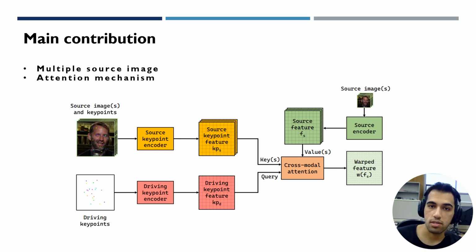They also have another network that gets those features and a latent representation of the image itself, as you can see on the top from the source image. Then they use all this information with this cross model attention model, which works similar to a transformer model, and they are able to extract the features that they want.